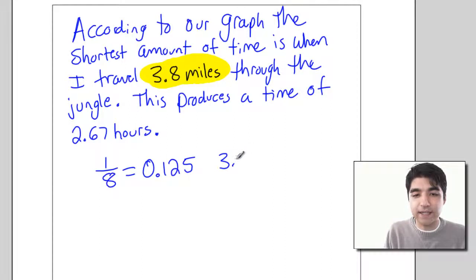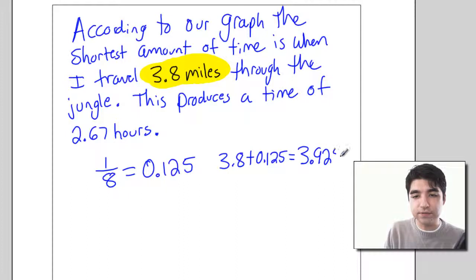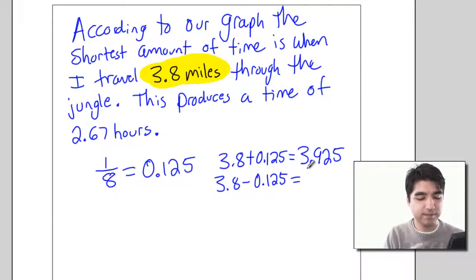So 3.8 plus 0.125 equals 3.925. And then 3.8 minus 0.125 equals 3.675.